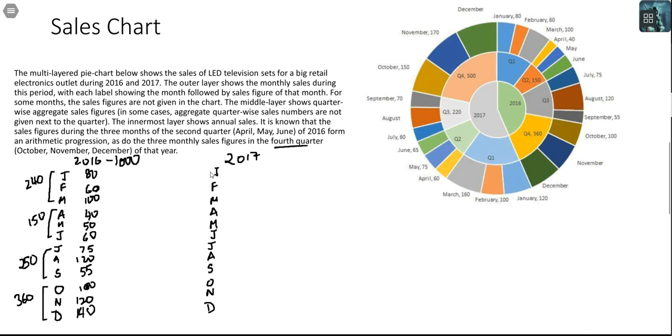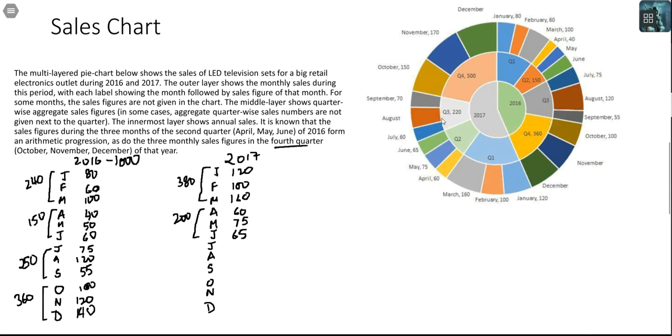Let us now record the data for 2017. 120, 100, 160. Then 60, 75, 65. These three add up to give me 380. These three add up to give me 200.